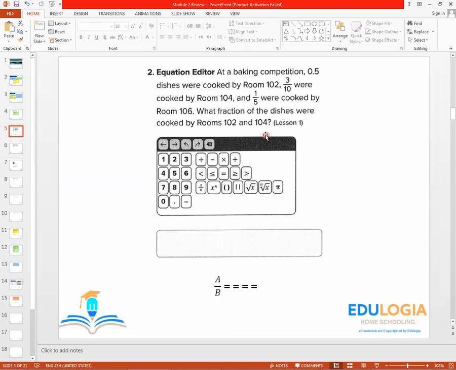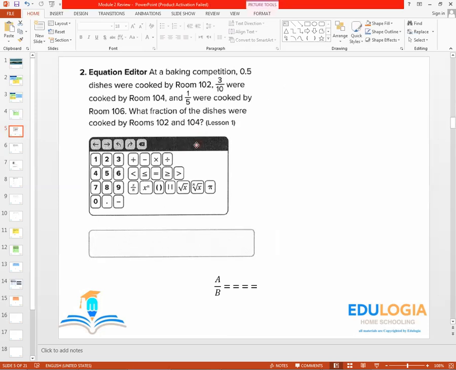102 and 104? Okay, once again, 0.5 of the dishes were cooked by room 102. And 3 over 10 were cooked by room 104.